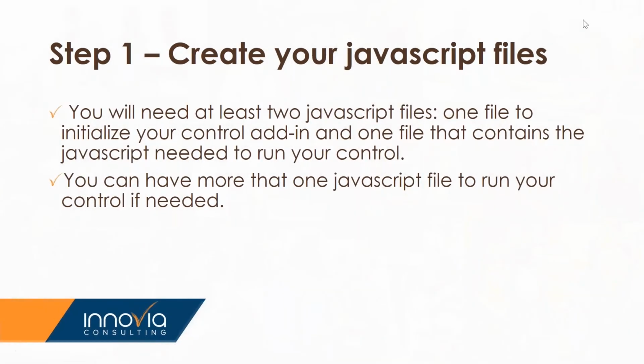Okay. Now regarding your control add-in, you will need some JavaScript files, and you can create those ahead of time. And again, one is to initialize your control add-in, and another one is to actually contain your JavaScript code that does all the work.